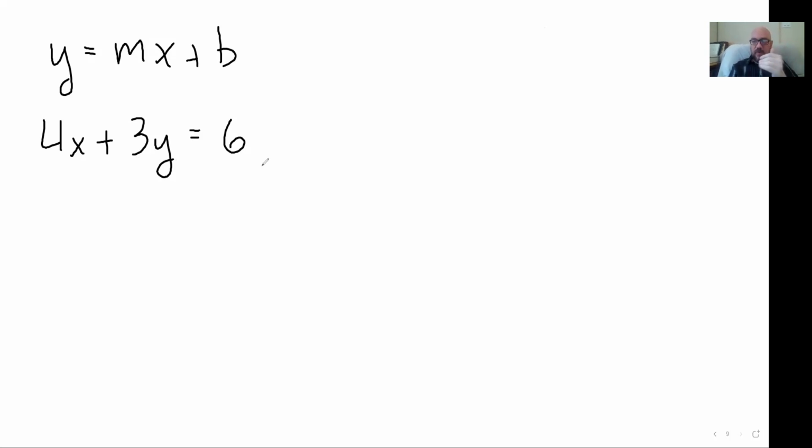To make it nice for graphing, you have to turn it into this form. What that means is I want to make this look like that by solving for y. I'm going to try to get y alone. So in the same way when you were solving linear equations before, what you were usually trying to do was solve for the variable, right? Whatever the variable was, we're going to get that alone.